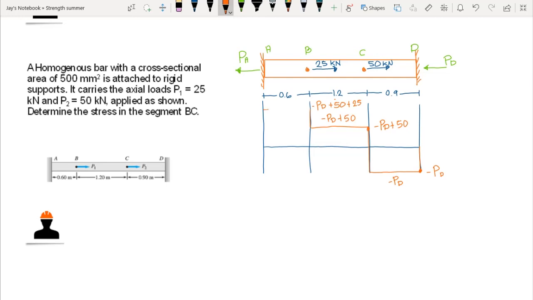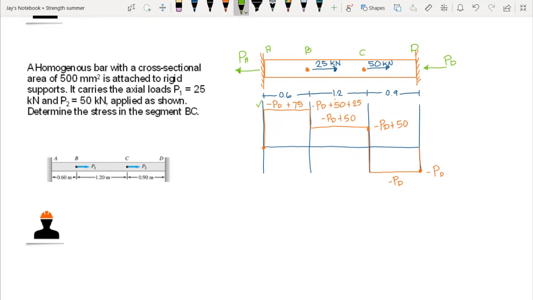Then our internal force between A to B is negative PD plus 75. Since our system is in equilibrium, therefore our diagram should end with 0.